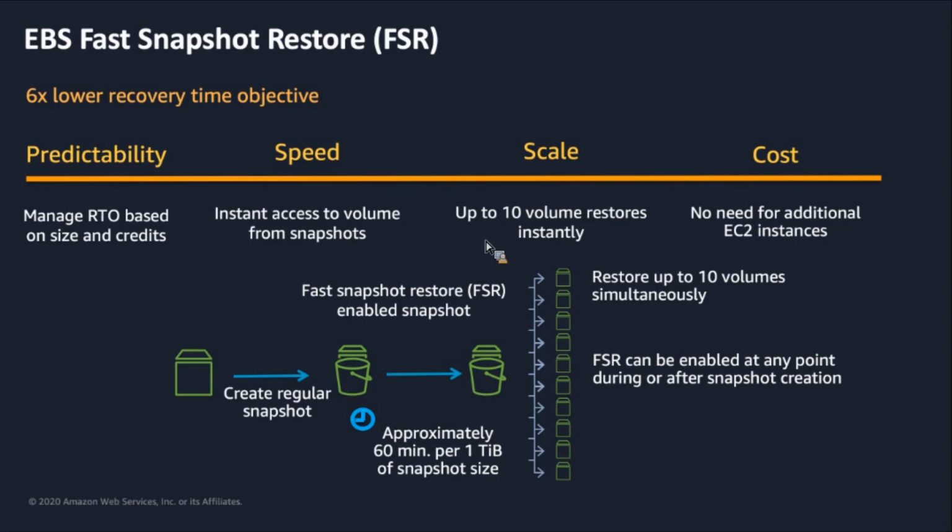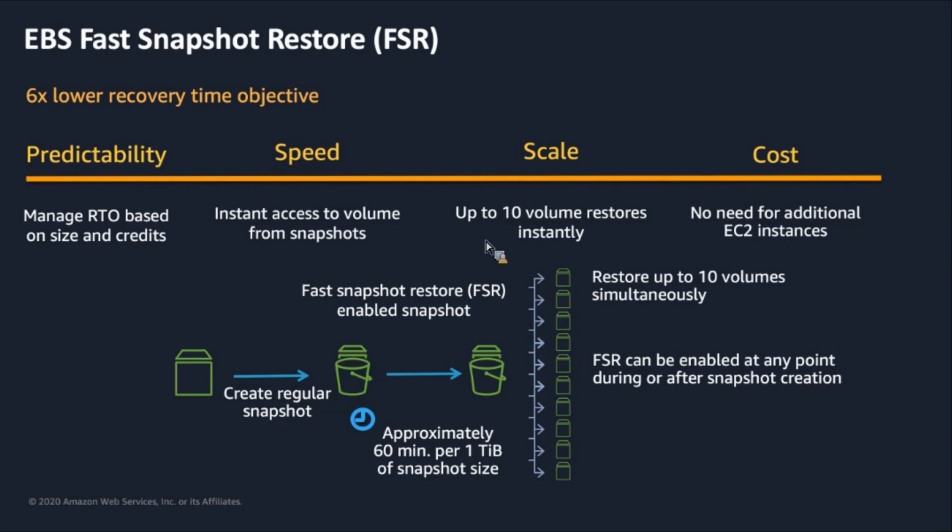If you enable a snapshot with FSR, it will go from enabling to optimizing state, and it takes approximately 60 minutes for 1 terabyte of snapshot size to be fully enabled. And once the snapshot is fully enabled in FSR state, you can restore the volume and expect the performance instantaneously to be the desired performance of your volume type.